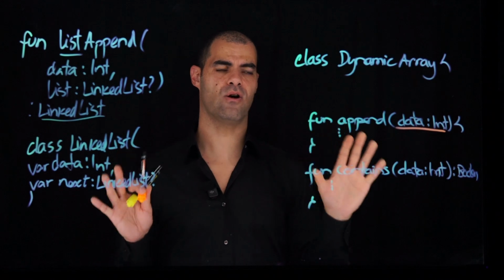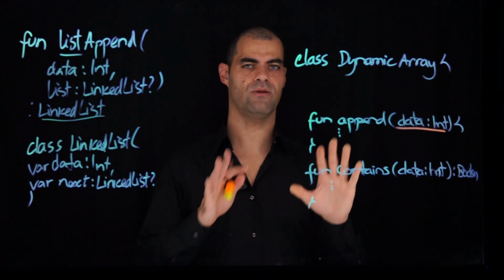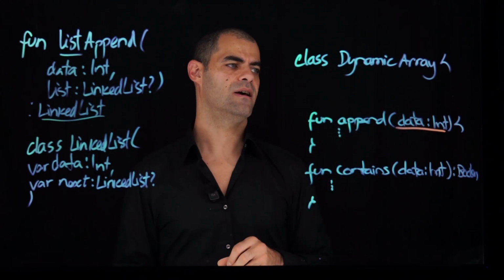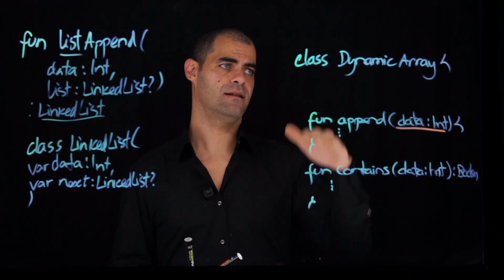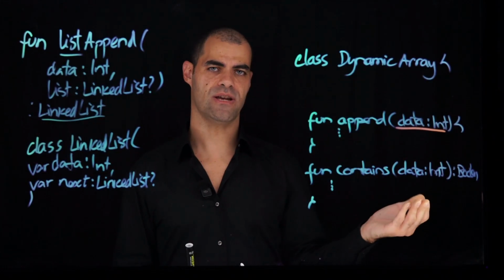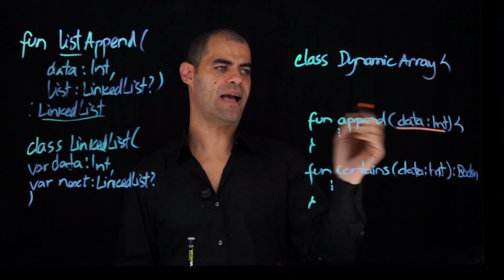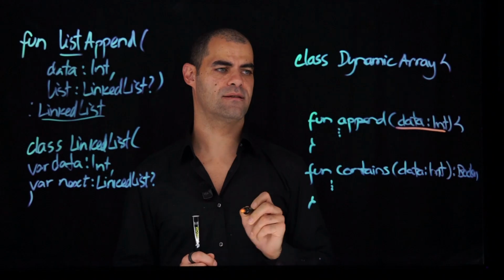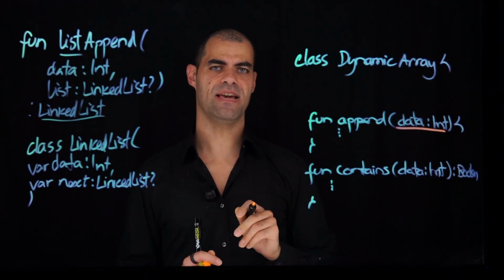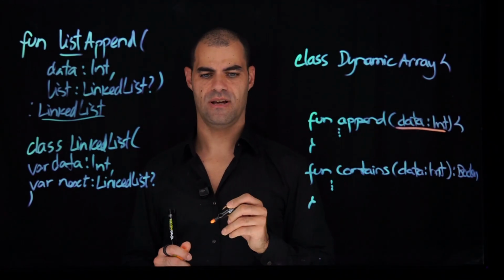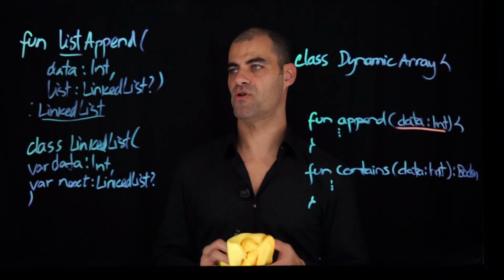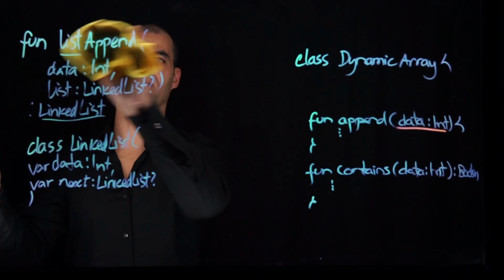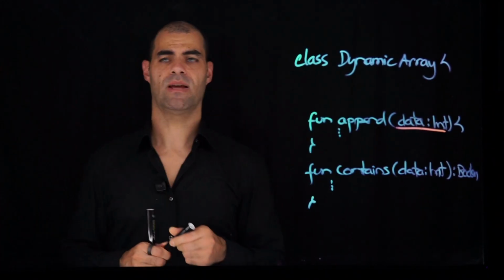So this is the biggest contrast that you need to understand in an object-oriented programming style: you are requesting the dynamic array to change itself. So when you pass it a piece of data, it will add it to itself. So I will erase this part of the board so that you see the difference between both approaches.